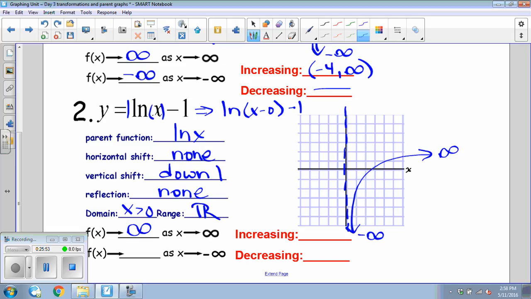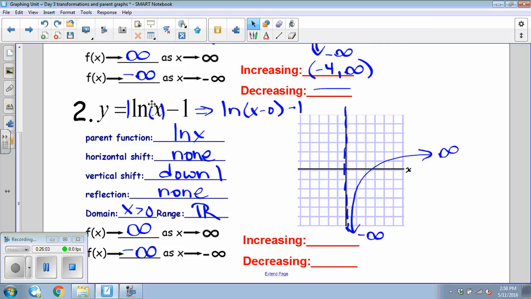As x gets larger, so does y. And as x gets smaller, again, so does y. It's increasing the entire way. So it's increasing from, remember, it's your intervals of x, 0 to positive infinity. And it's never decreasing.